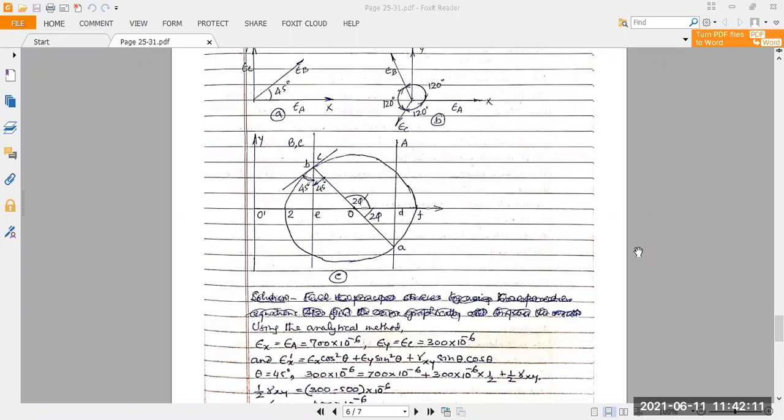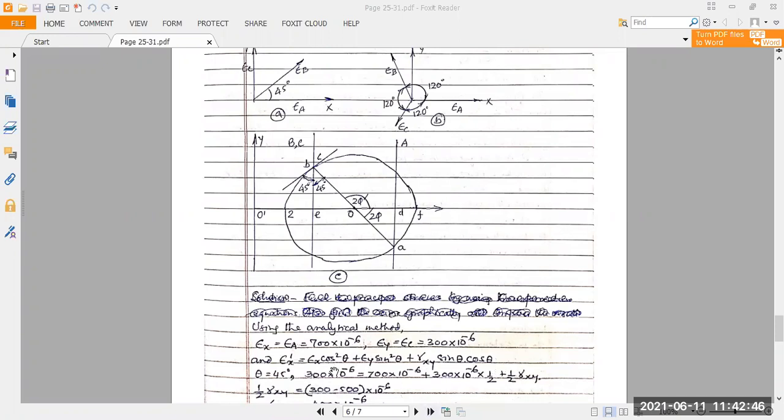The length of P dash Q dash is not equal to the length of PQ, and the strain is given by the formula epsilon X cos square theta plus epsilon Y sin square theta plus gamma XY sin theta cos theta, where theta is the included angle, epsilon X is the strain along the x-axis, epsilon Y is the strain along the y-axis, and gamma XY is the shear strain in the XY plane. We have discussed and proved this theory in the earlier part of our discussion.